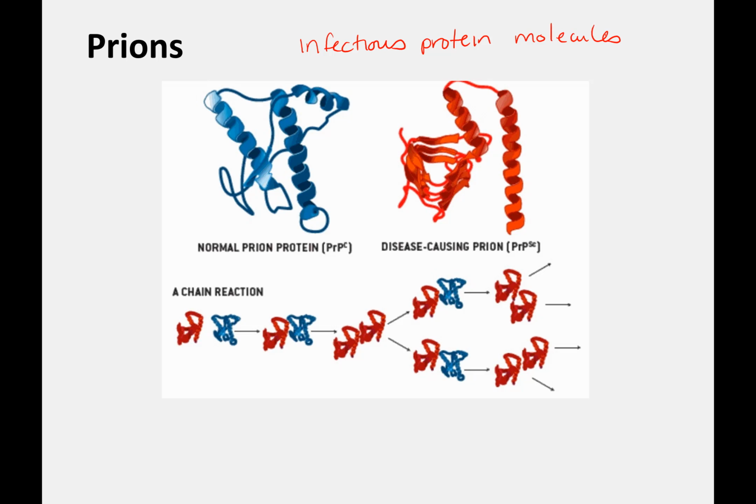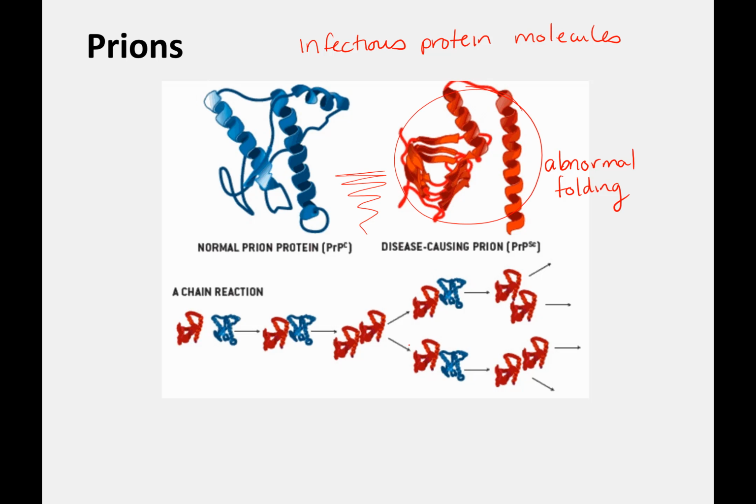So they are a normal protein that is encoded in your body, in your cells, but with abnormal folding. So these two, red and blue, have the same amino acid sequence, the same gene, but this one folds incorrectly. We don't exactly understand why.